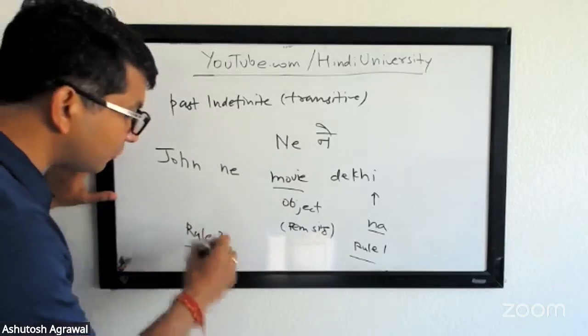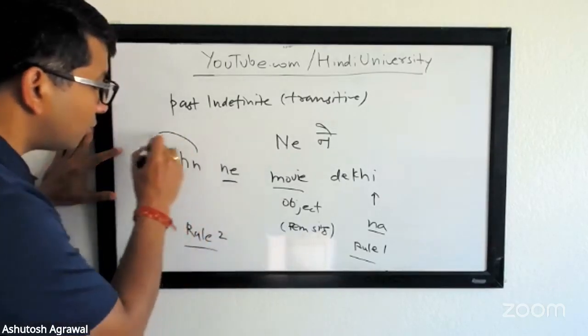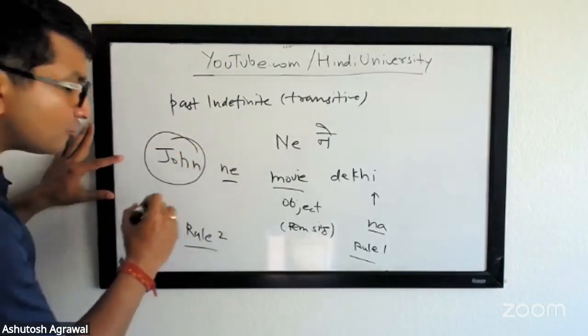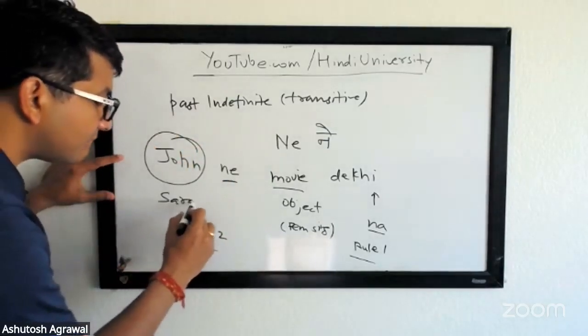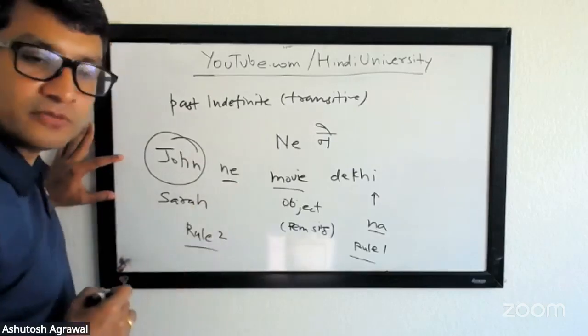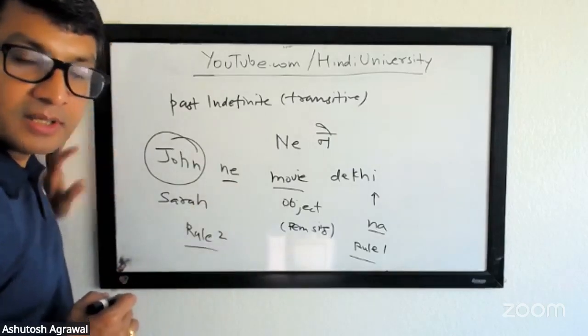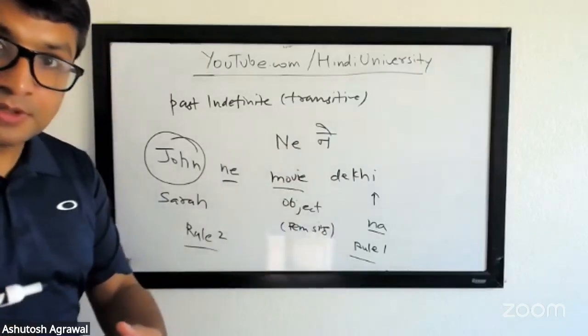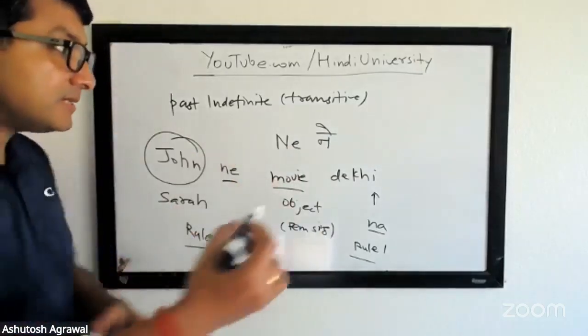That's your rule number two, that whoever acted will be followed by "ne". Let's say it's not John, it's Sarah. So you say "Sarah ne movie dekhi". Let's say it is not either of them, it's a group of us. So we is "hum".